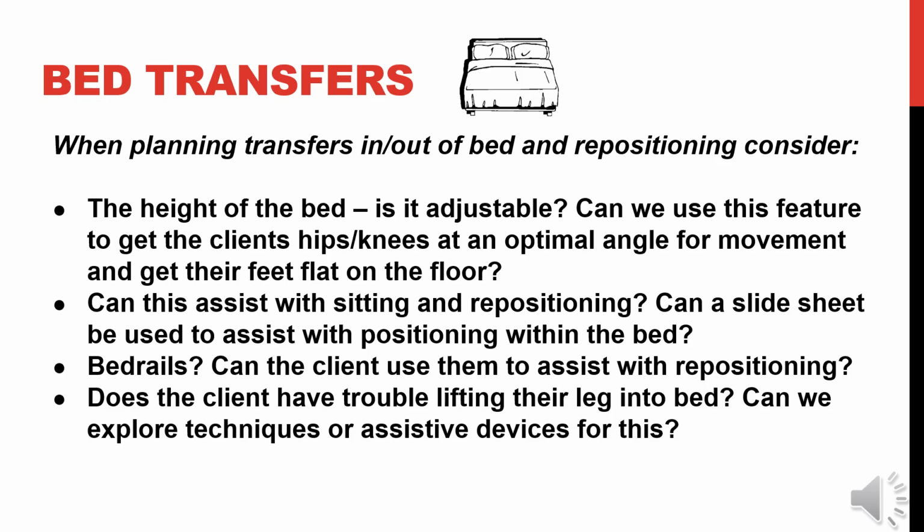Can the client assist with sitting and repositioning? Do we need to use a slide sheet to assist with positioning once in bed? Are bed rails available? Can the client use them to assist with repositioning and bridging? Does the client have trouble lifting their leg into bed, and can we explore techniques or assistive devices to enable this?